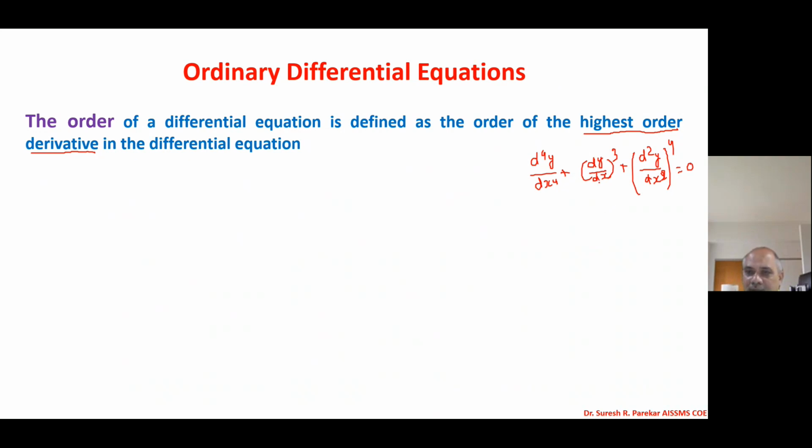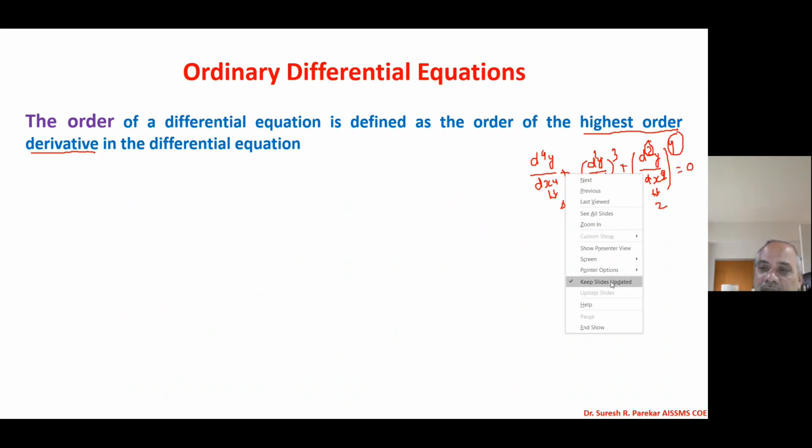The order of this one is 1 because we have dy by dx, so we have to take the derivative once. The order of this one, we have to take the derivative twice: dy by dx, and again we have to go for this. Though the power is 4, the order is 2. And then here we have order 4. So here I have order 2, here I have order 4, and the highest order derivative is 4. So the order of this equation is 4. Likewise, we have to find the order of a differential equation.